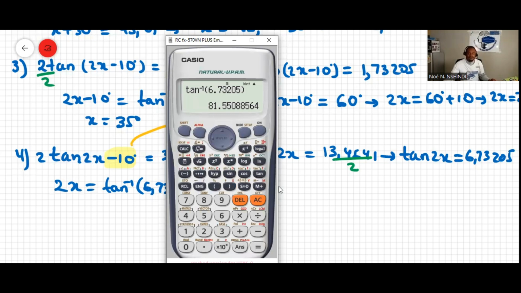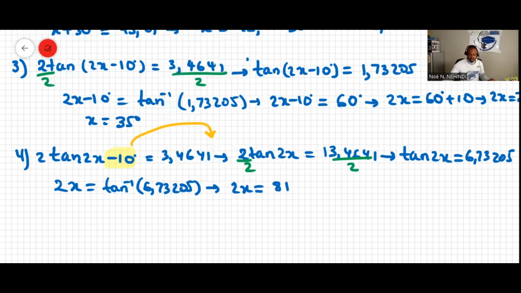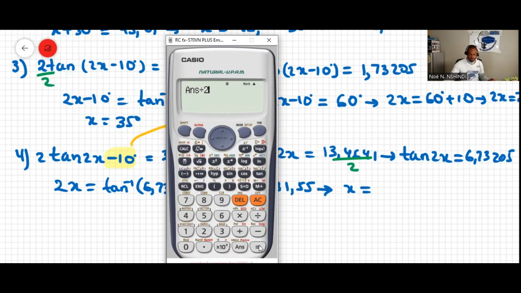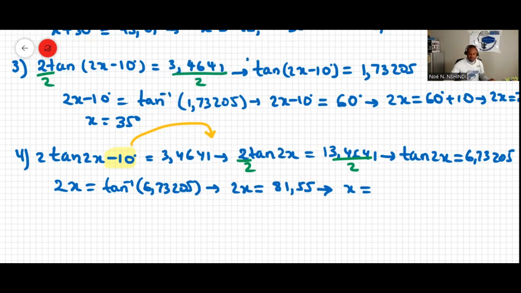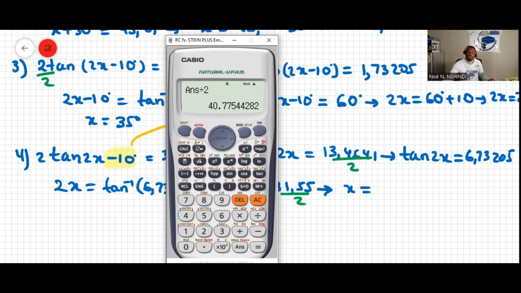That makes, if I look at the third decimal value here, it's 0, so we just drop all the digits and keep 55 there. That makes 81.55, and then dividing by 2 on both sides, x will be equal to that divided by 2, 40.77 and so on.